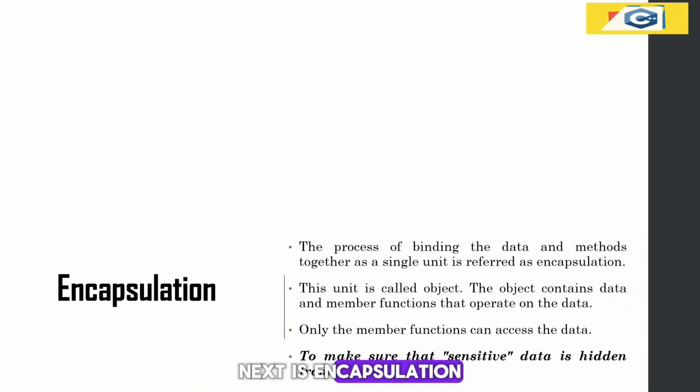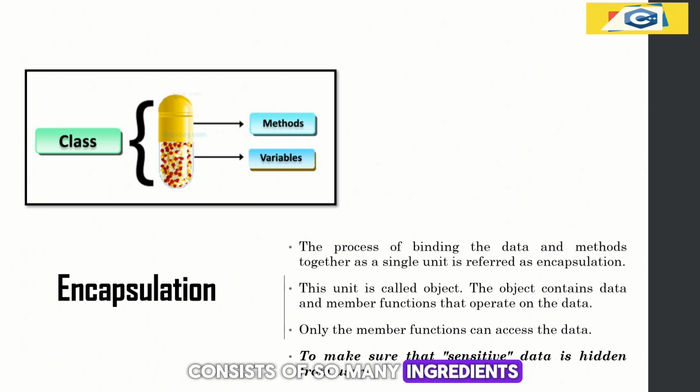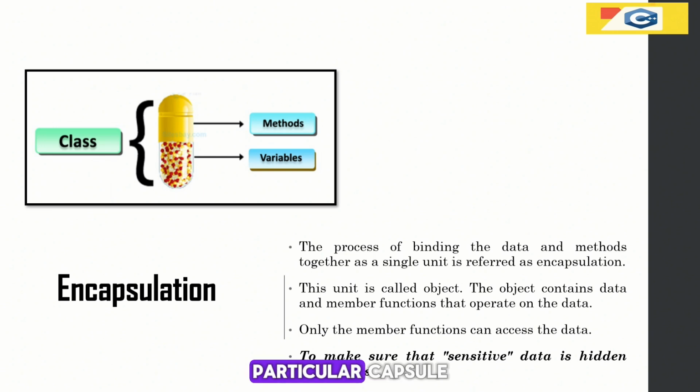Next is encapsulation. Encapsulation is nothing but the binding of data and methods together into a single unit. We all know a capsule; the medicine consists of so many ingredients, right? So many ingredients are bound together in a particular capsule.